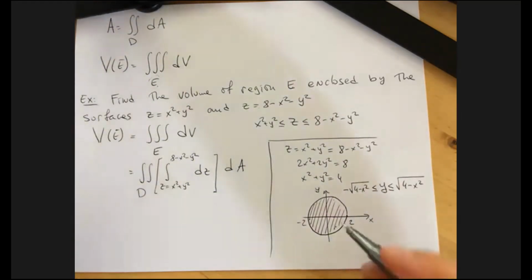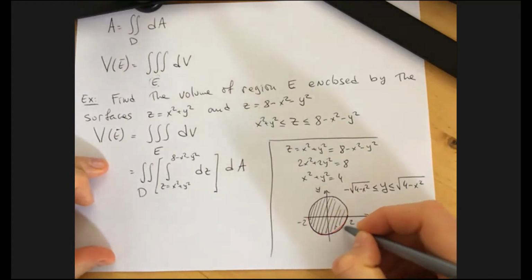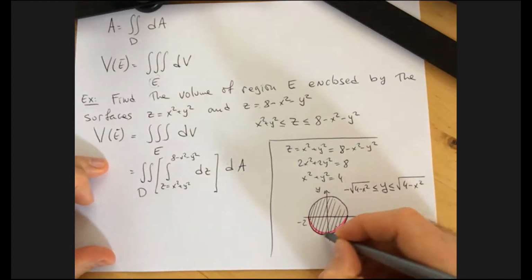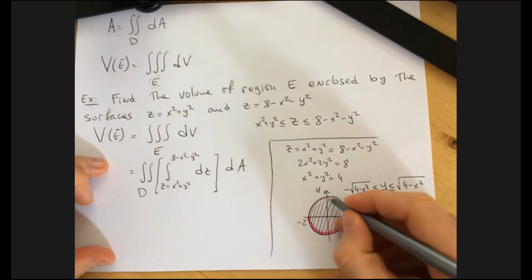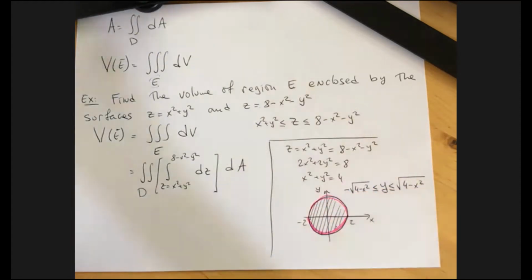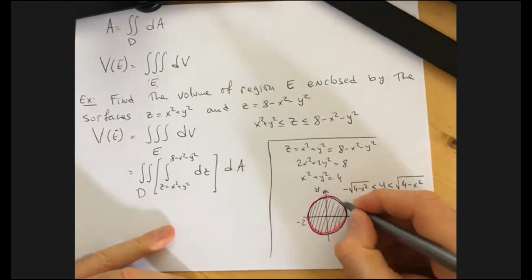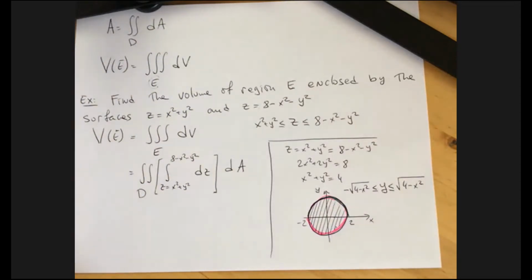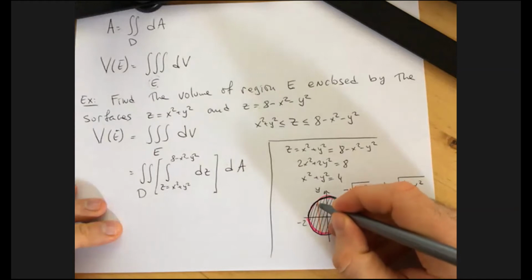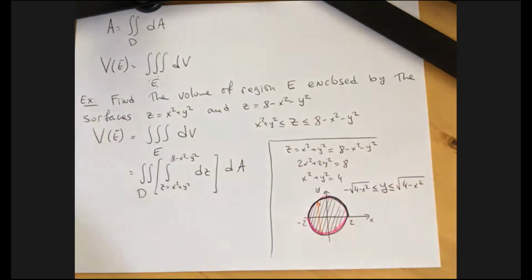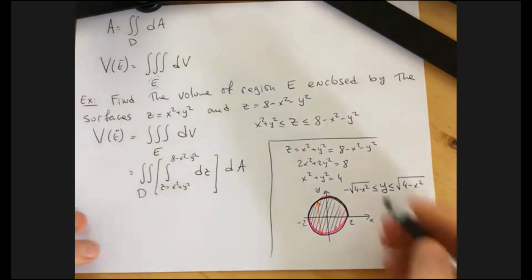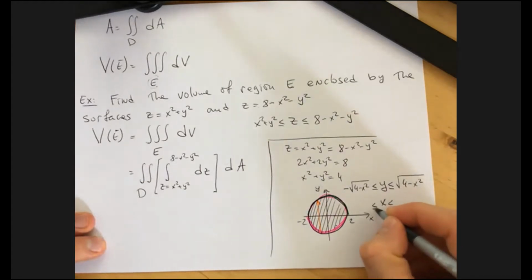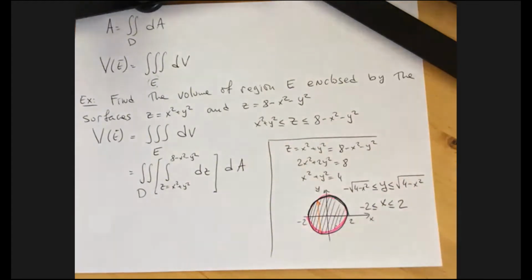So y goes from this graph to this graph, to this here. So y goes from here to here. Okay, and finally x is from -2 to 2.